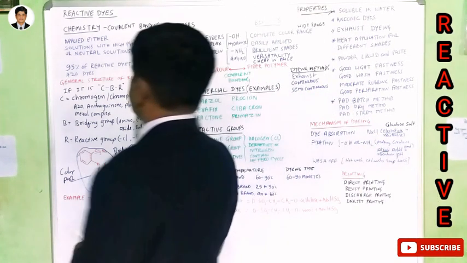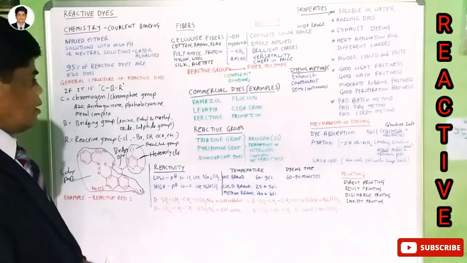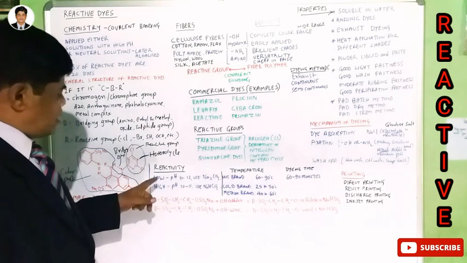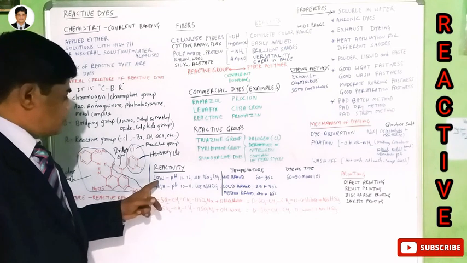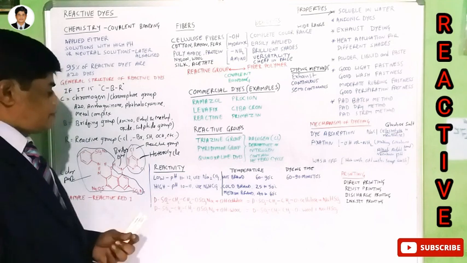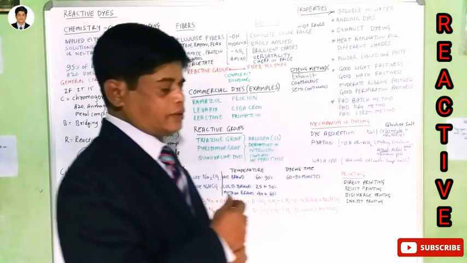Okay, so high pH is also required. See, I am coming to the pH. There are two classes of reactive dyes: low reactivity dyes and high reactivity dyes.